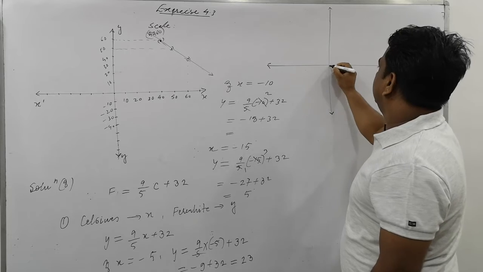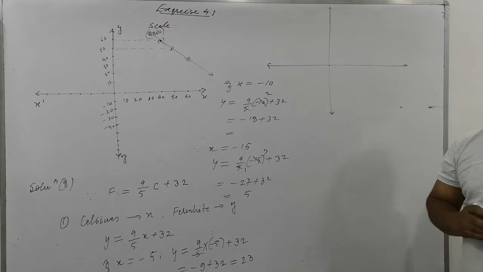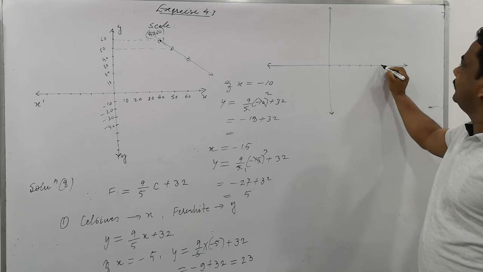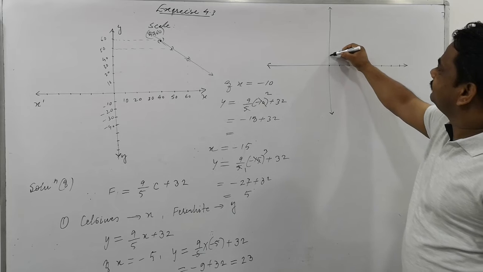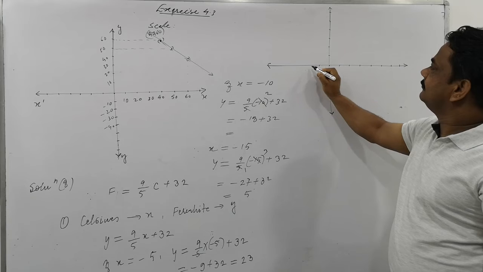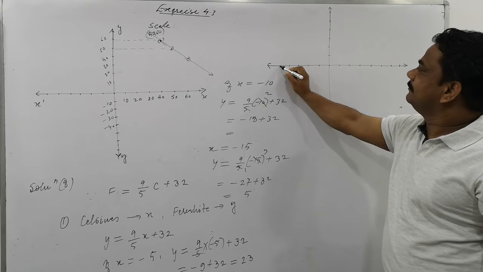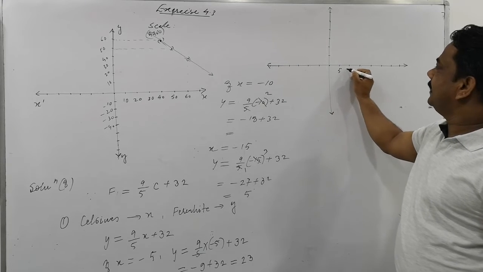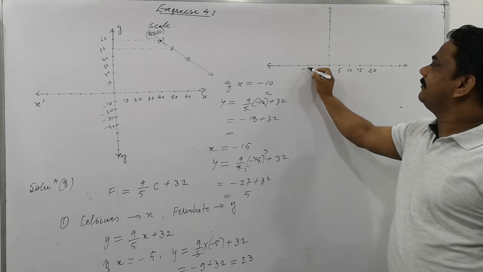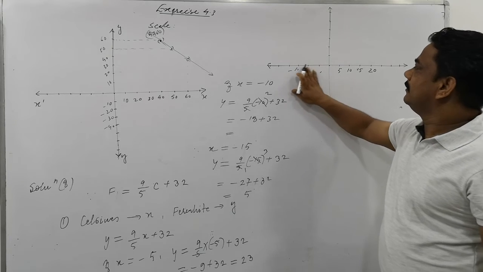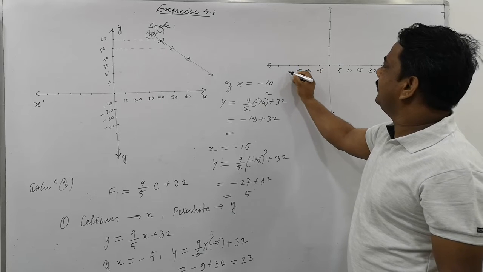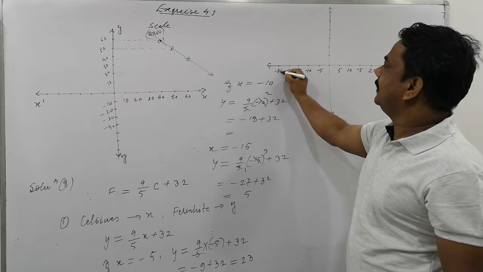See this. They are giving the scale here, okay? The unit is to be taken as 5. 5, 5 we can take here. You may say 5, 10, 15, 20, minus 5, minus 10, minus 15, minus 20, minus 25.